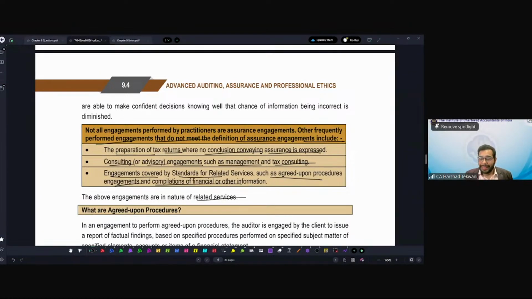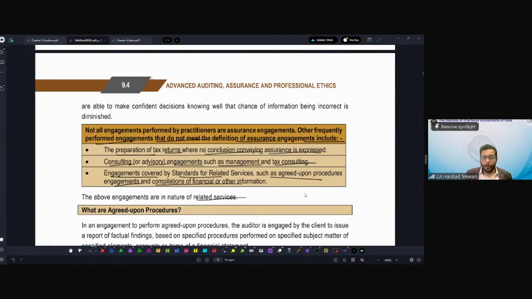Now, in the case of an assurance engagement, I issue an opinion, but here, no opinion, not at all. As I said, a related service engagement can be preparation of some documents, tax returns, can be advisory, and can be agreed upon procedures.